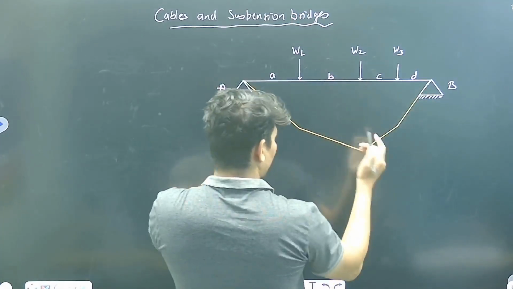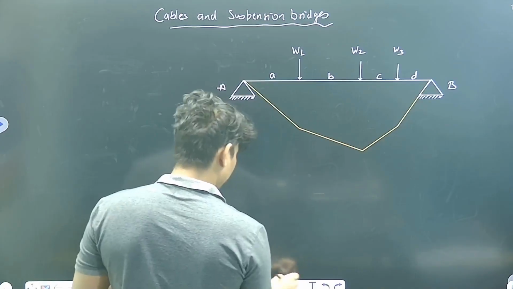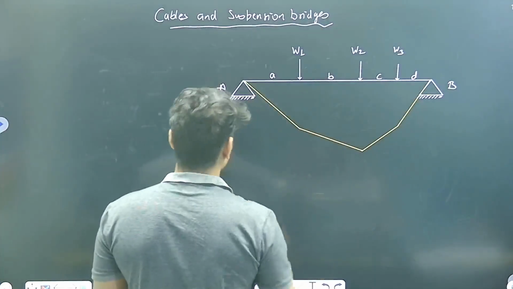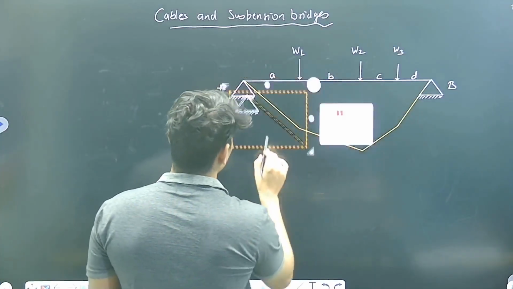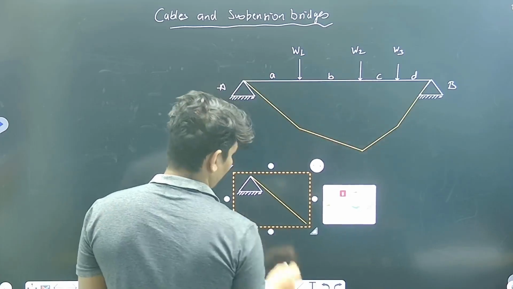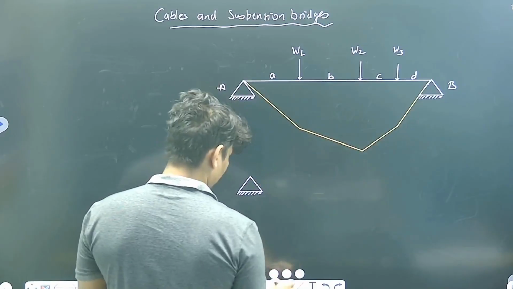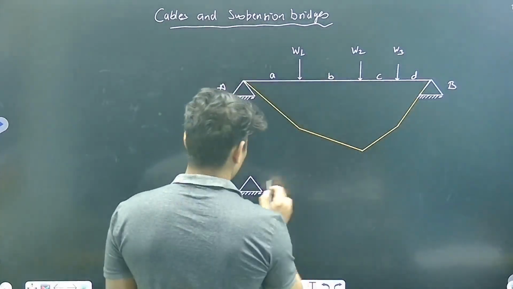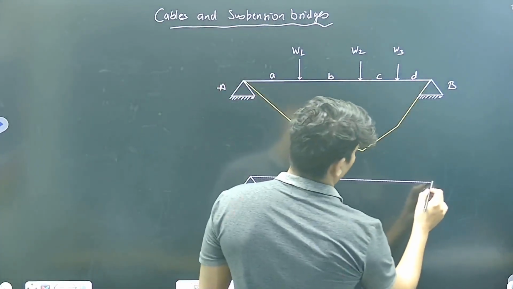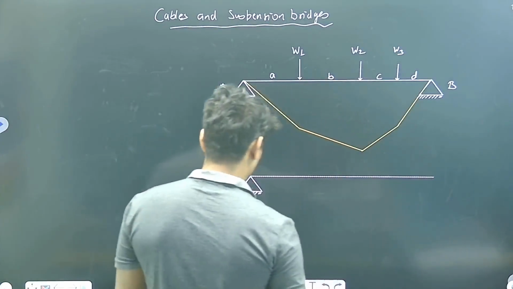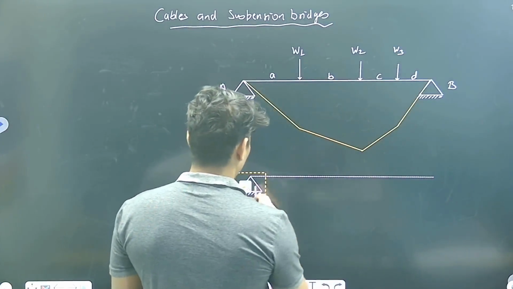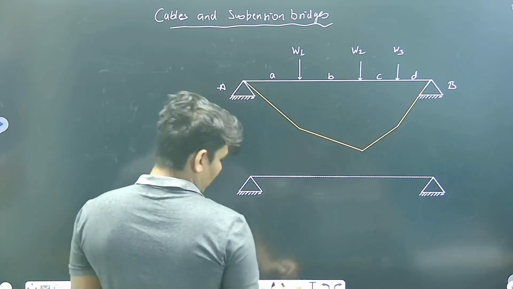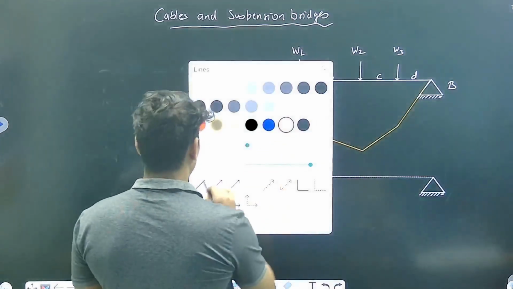So this diagram can be modified like this. Now I am directly drawing the deflected shape.